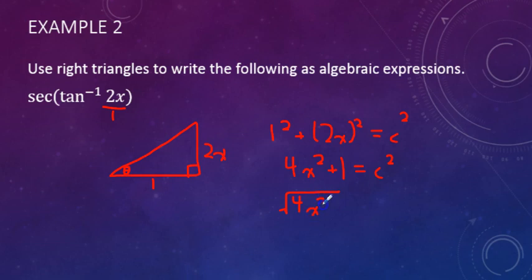I don't have to worry about the negative version of that answer as well. The only reason I would be using the negative would be if I had a triangle that was going in a different direction, but the hypotenuse can never be negative anyways. But if it was going down, then you might want to consider using a negative value for that side, but that shouldn't happen on these. So the third side of my triangle is the square root of 4x squared plus 1.